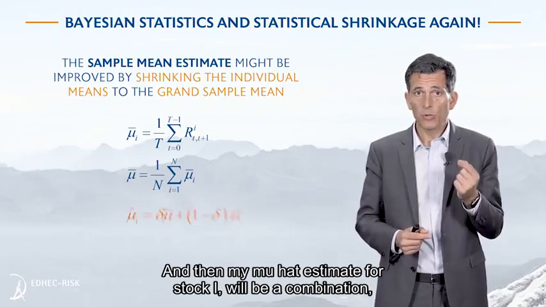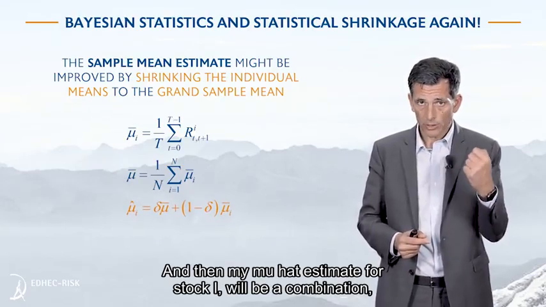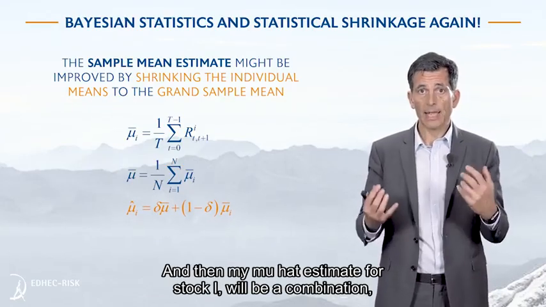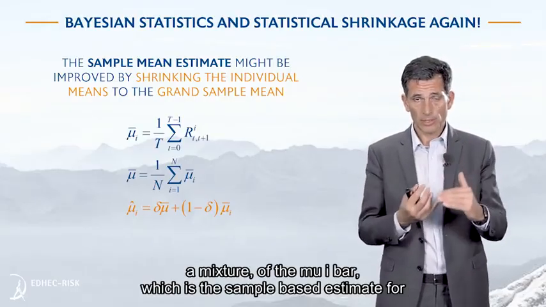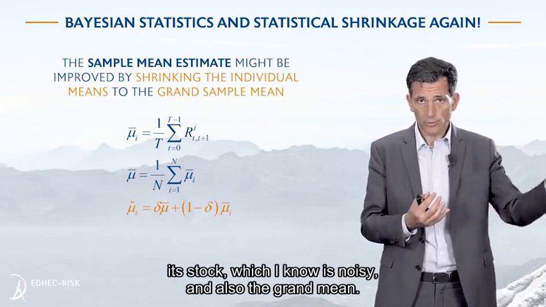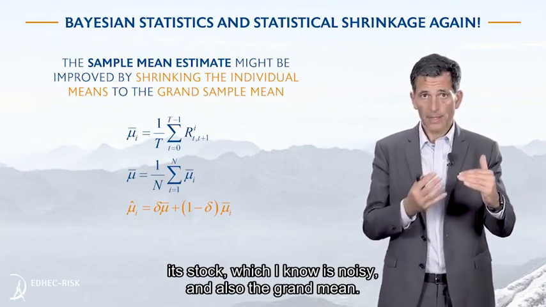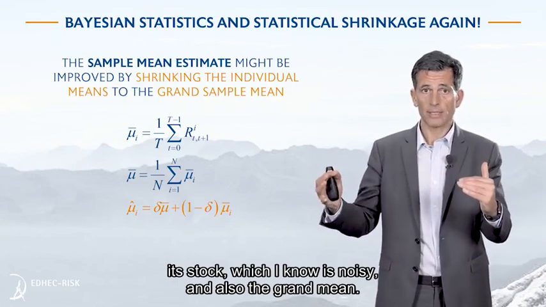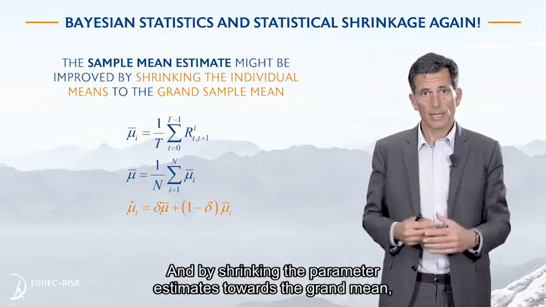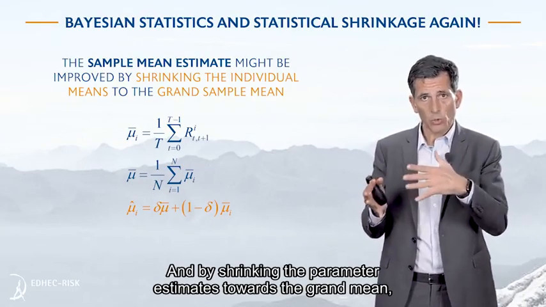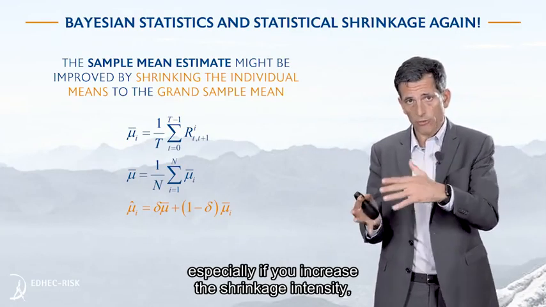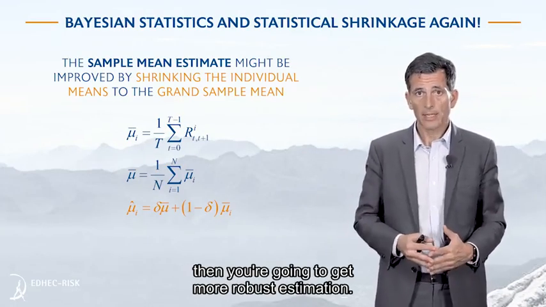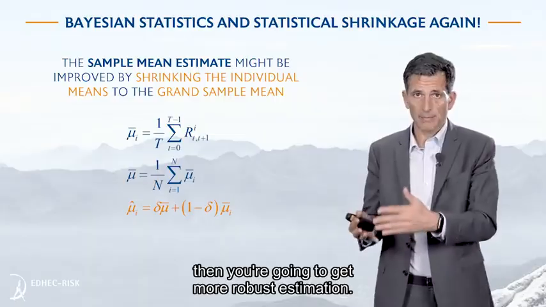And then my mu hat estimate for stock i will be a combination, a mixture of the mu i bar, which is the sample-based estimate for each stock, which I know is noisy, and also the grand mean. And by shrinking the parameter estimates towards the grand mean, especially if you increase the shrinkage intensity, then you're going to get more robust estimation.